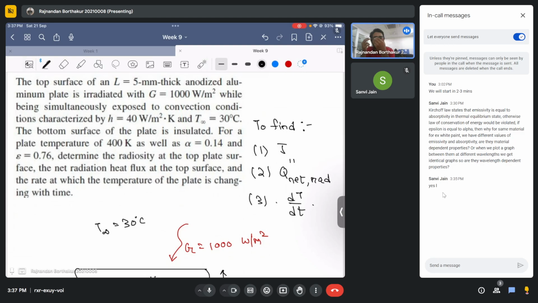If we invoke both assumptions, a gray body and a diffuse body, then your radiation properties are independent of both direction and wavelength.